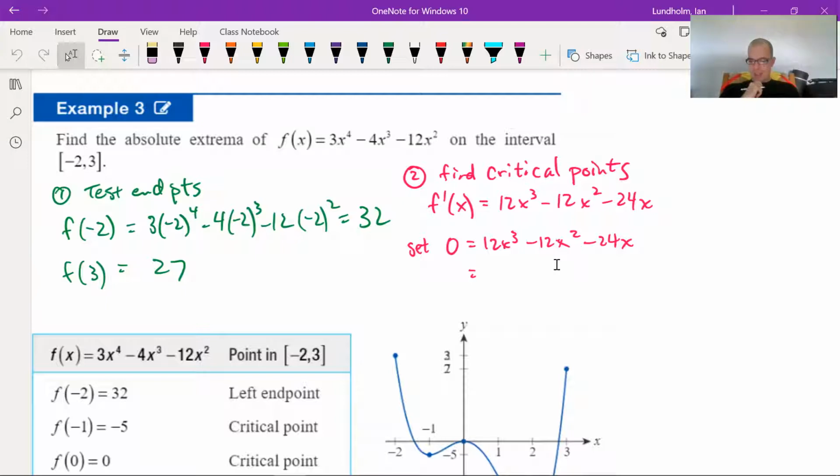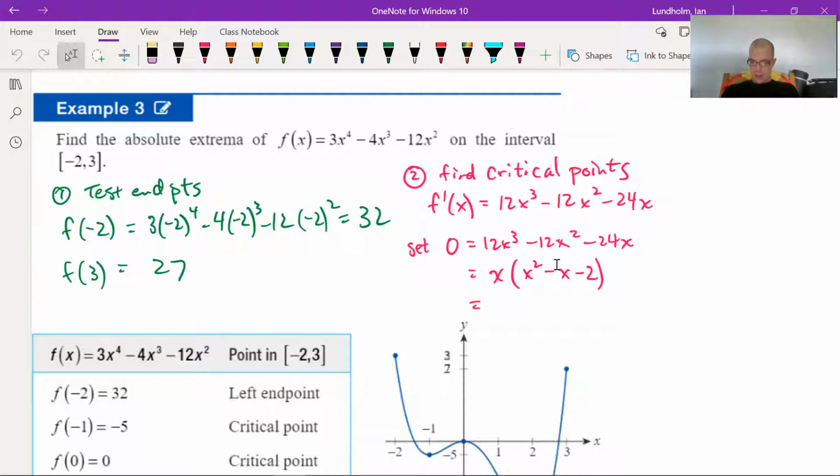On this right-hand side, we could divide everything by 12 and make things simpler. So I'm going to divide everything by 12. And let's pull out a common factor of x so that we're just left with x squared minus x minus 2 times x.